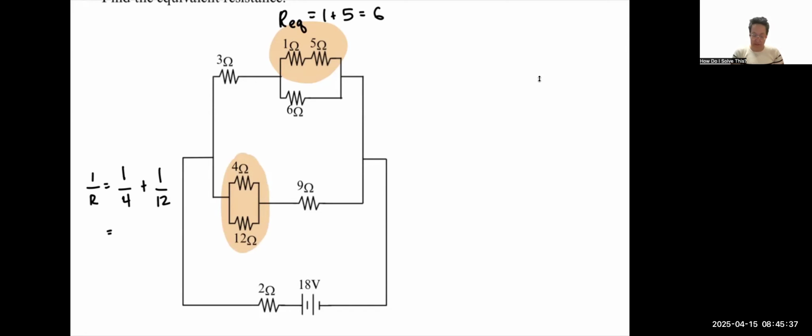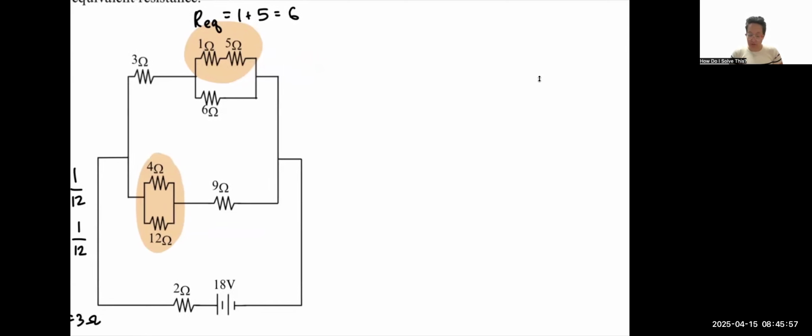I'm going to call that 3 over 12 plus 1 over 12. So 1 over the total resistance of it is 4 over 12, which means that the total resistance is 12 over 4, or just 3 ohms.